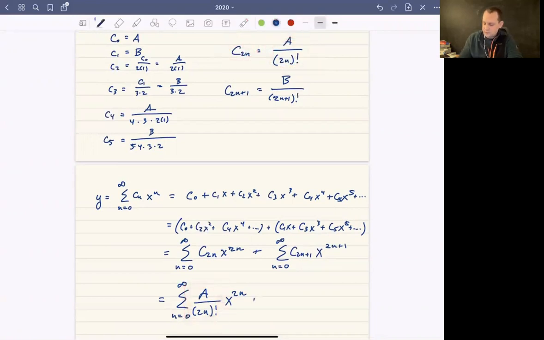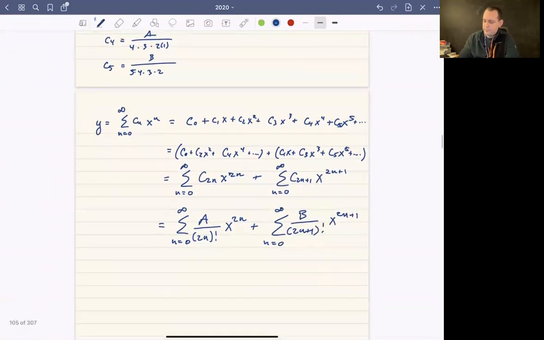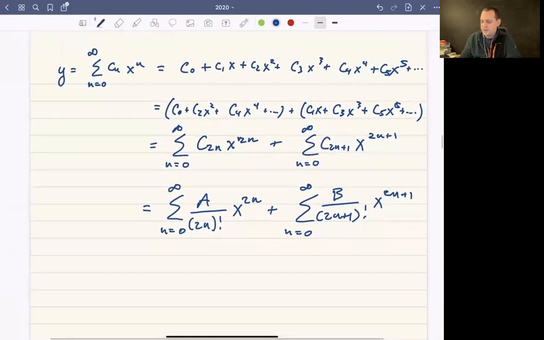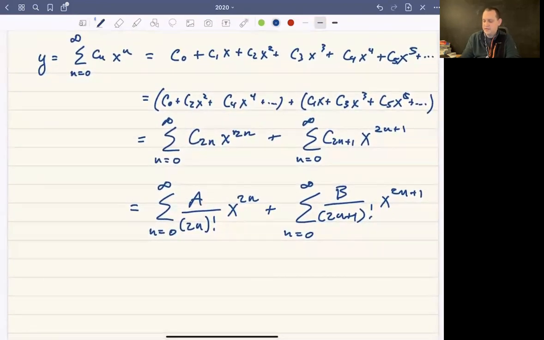Plus we'll have the odd terms, which would be the sum starting at 0 to infinity, b over the quantity 2n plus 1 factorial x to the 2n plus 1. Okay, and again, now it's up to us to recognize these power series. This is a times cosh of x plus b times sinh of x.